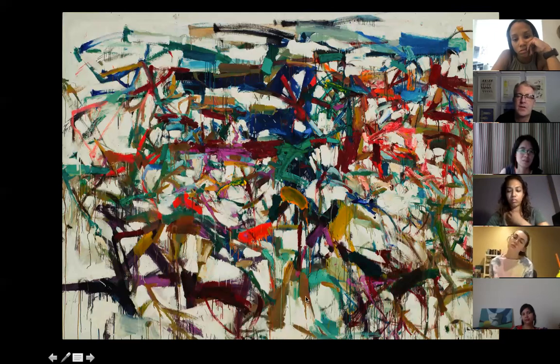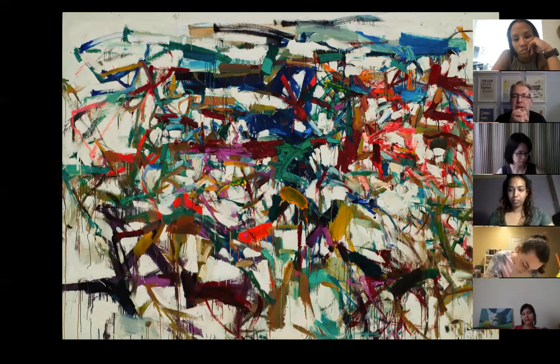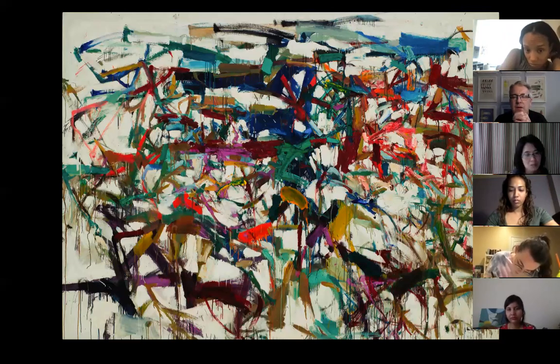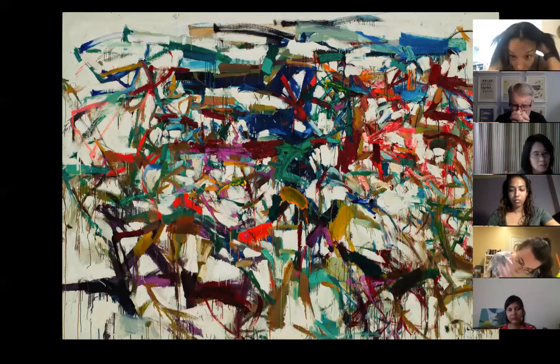We have colors that suggest the earth at the bottom. There's a kind of tree formation to this painting, a very abstract one. But she did think about her paintings as being kind of abstract equivalents to landscape. There's also a bit of a feeling of light passing through trees, something like that. So that's all in the painting.